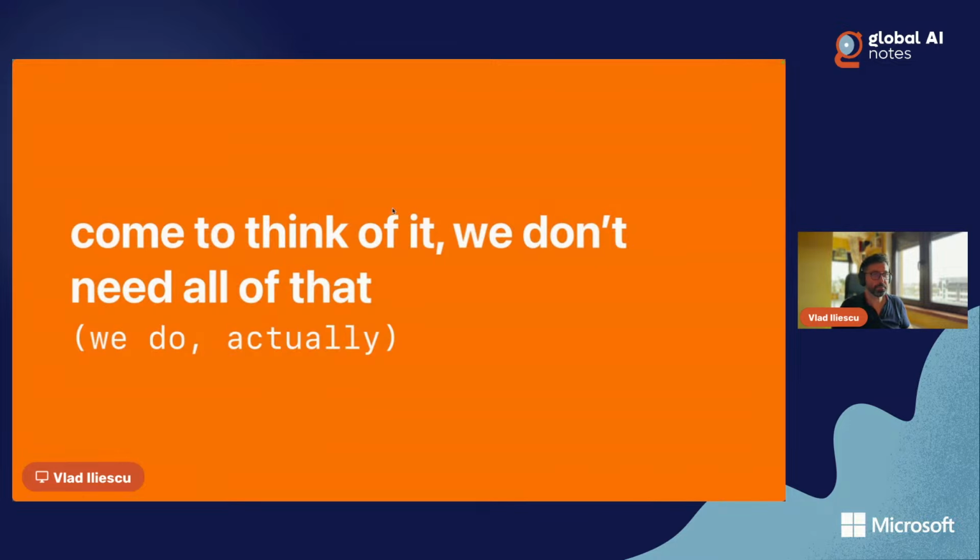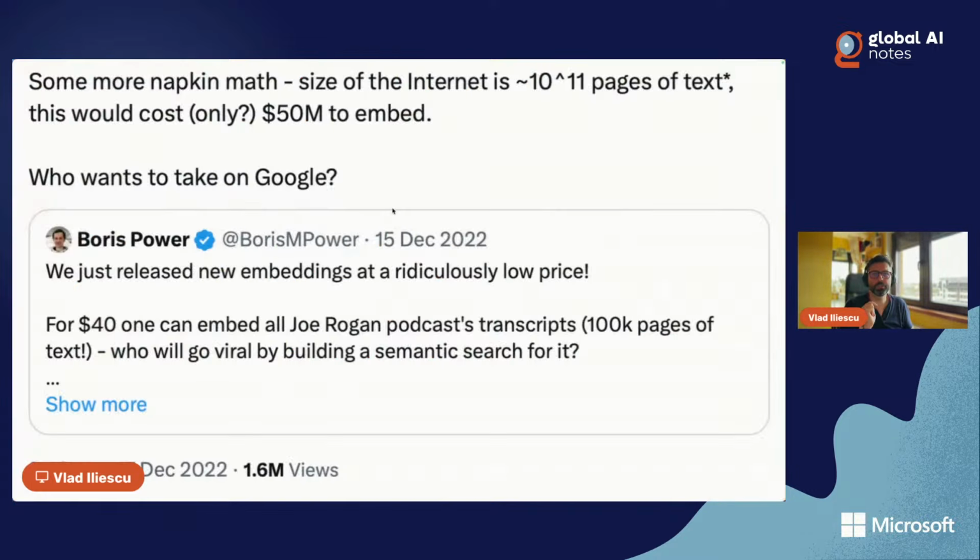All right, but you know what? Semantic search, lexical search, we don't really need that, or we might think we don't. Why is that? Well, this is a screenshot from Boris Power, posted an OpenAI employee, at least last year, talking about their new embeddings, the new OpenAI embeddings that we can use for semantic search.